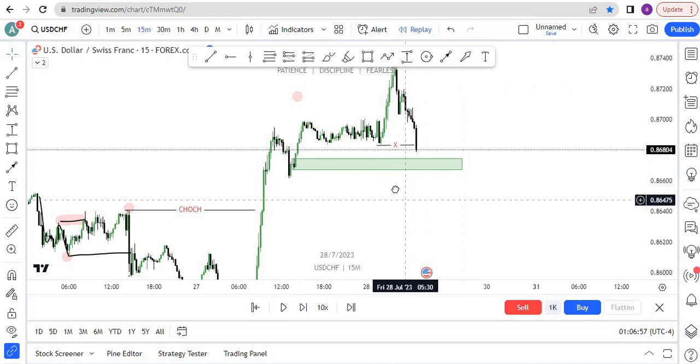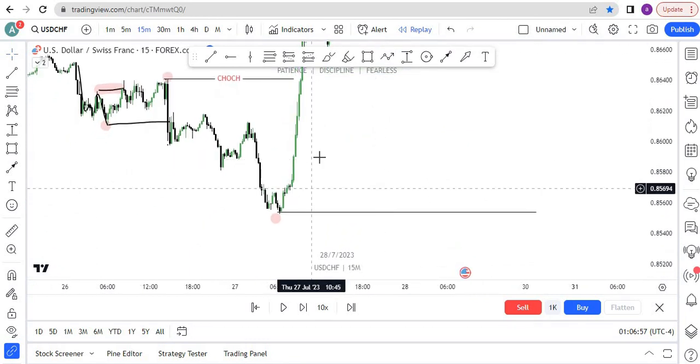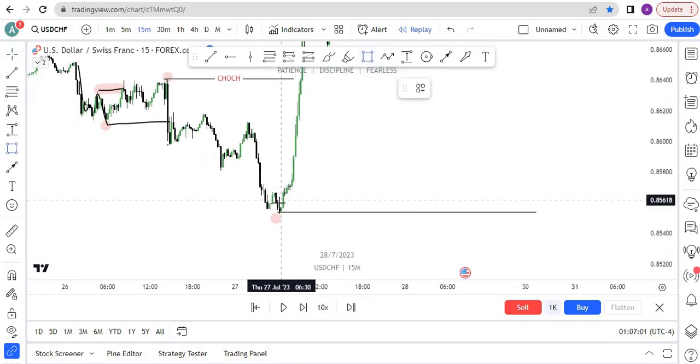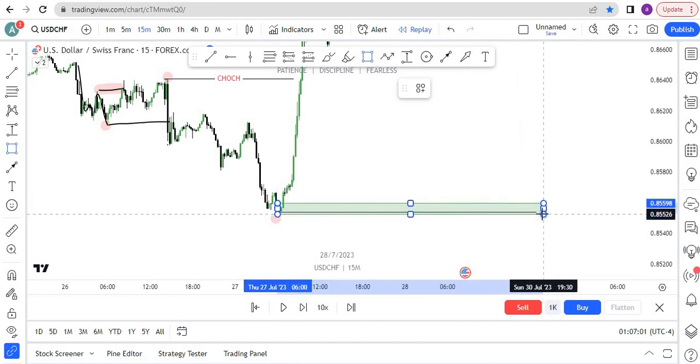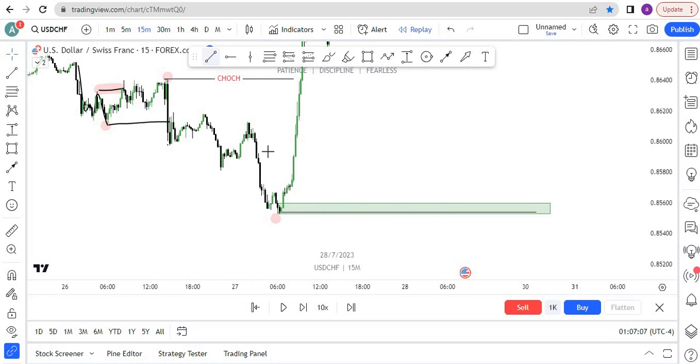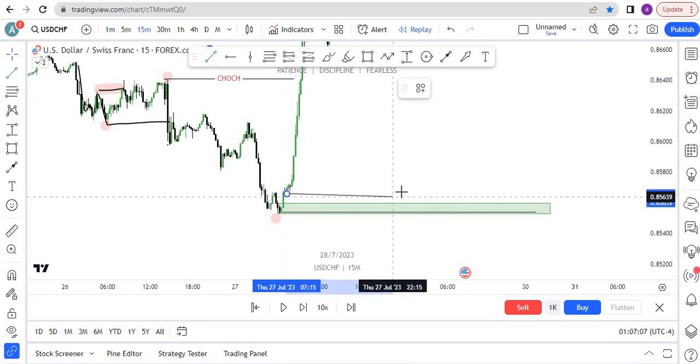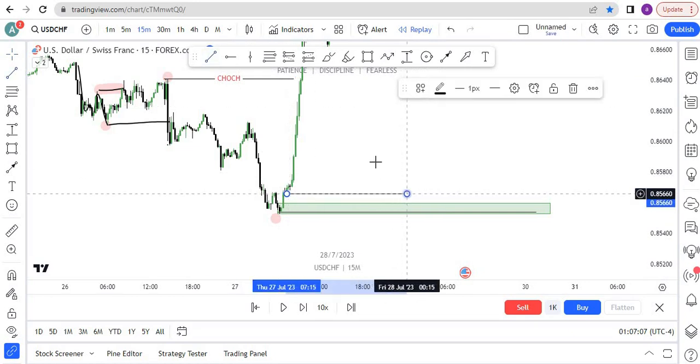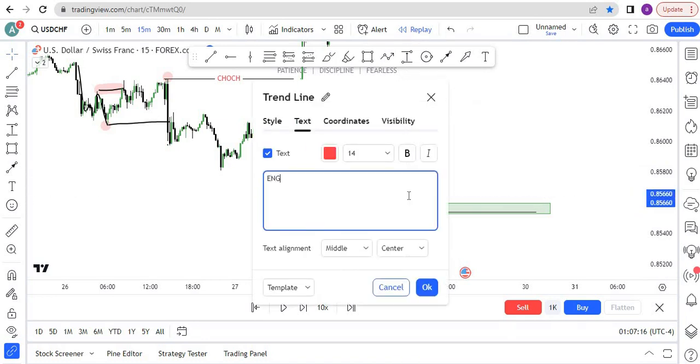The second one is here, this extreme. This is our engineered liquidity. I will explain all of this in the coming videos, so don't worry.